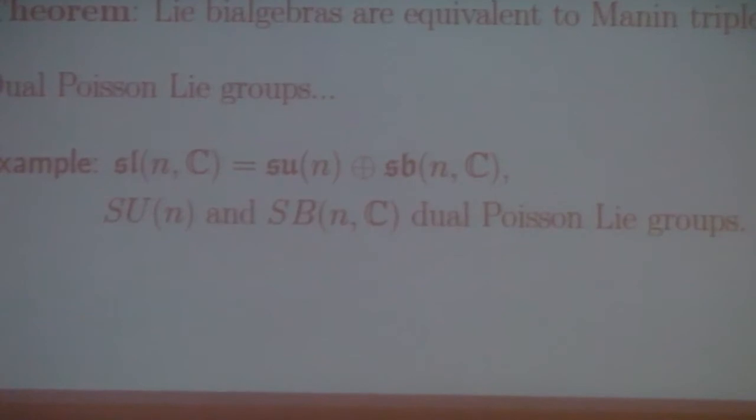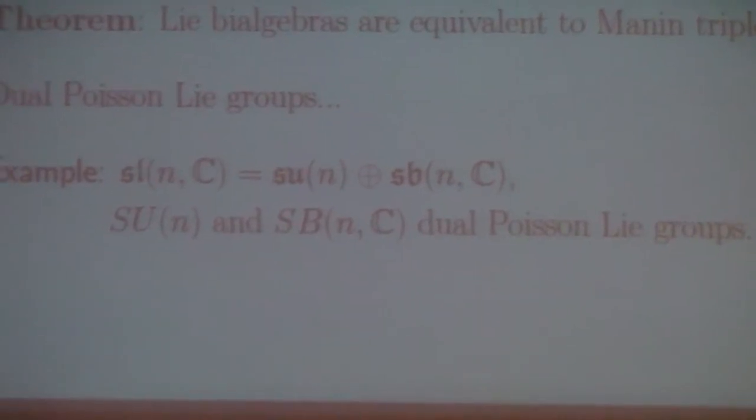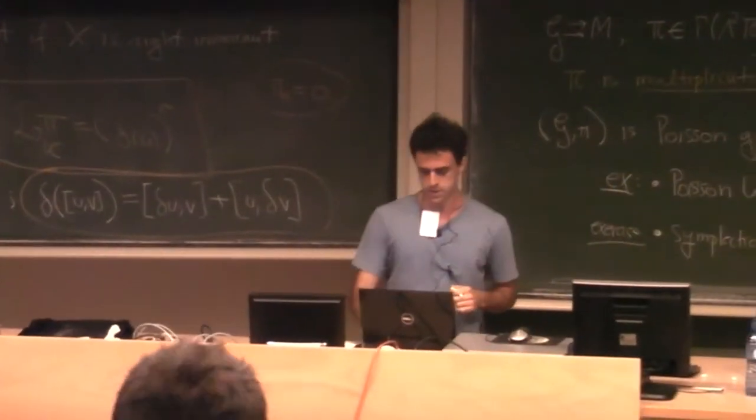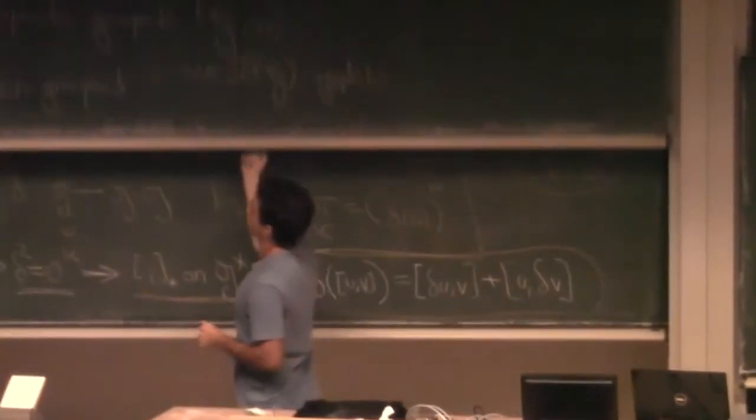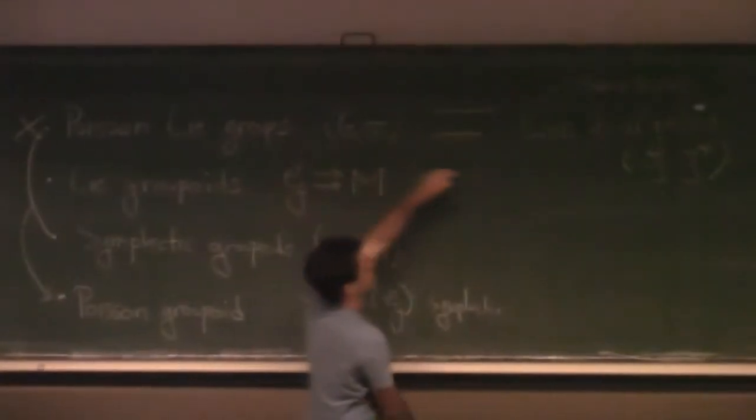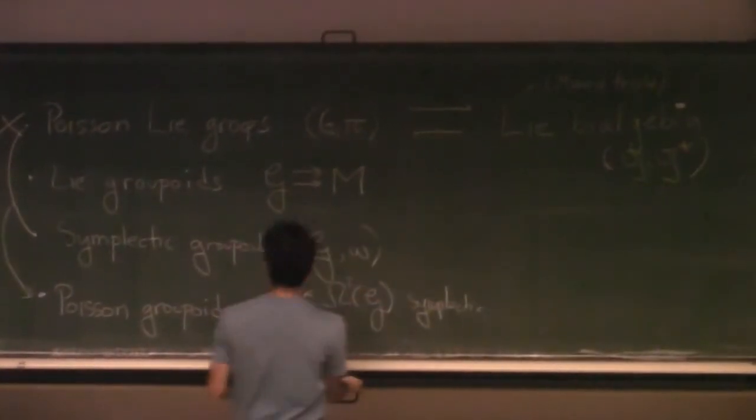And this is one example of this, the Iwasawa decomposition. Just a particular case. But anyway, that's what I wanted to tell you about Lie bialgebras. So, you can find many examples of Poisson Lie groups by finding Lie bialgebras around.